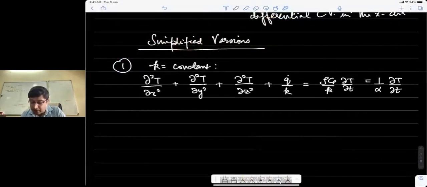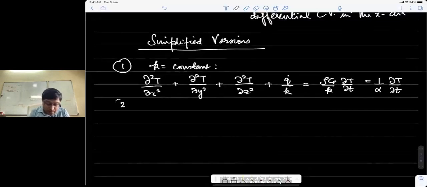So here we see why alpha is important. Alpha becomes one of those fundamental properties that governs the solution of this equation. Okay, so that is one simplified version.